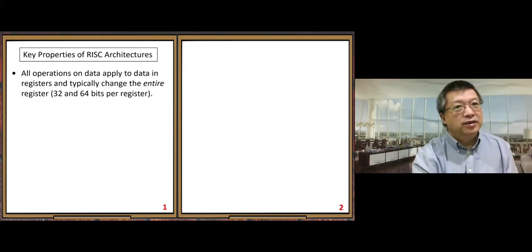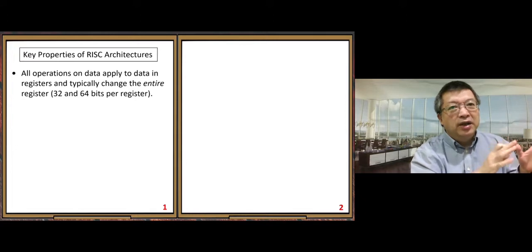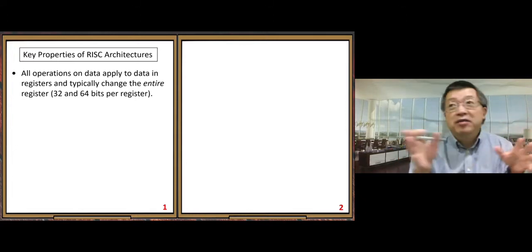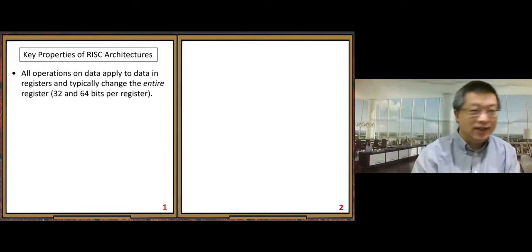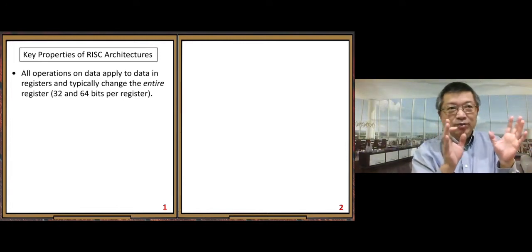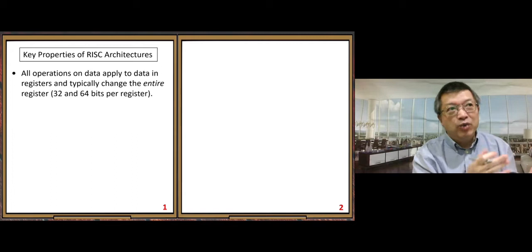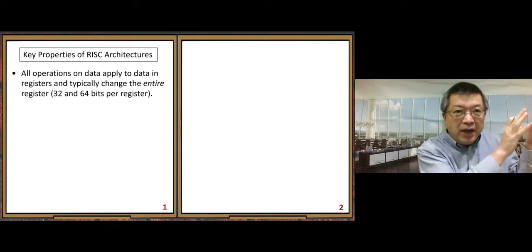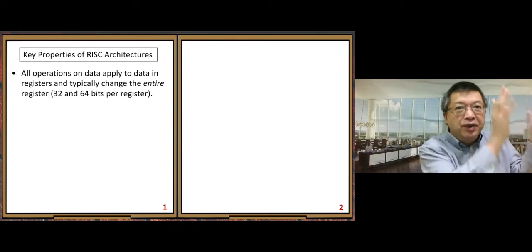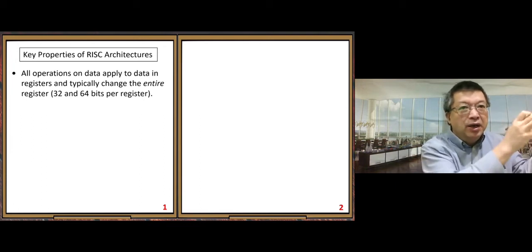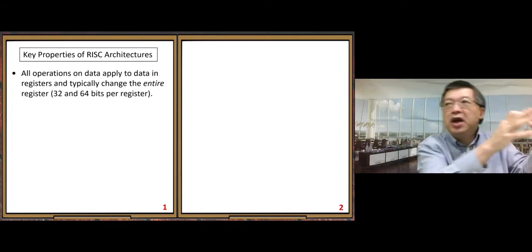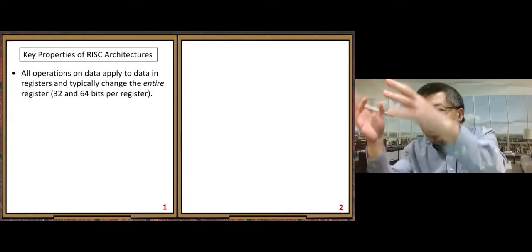So apply to data in registers, not data in memories, right? That's the one. Hope you know, because we saw several before. All operations on data apply to data in registers, not data in memory directly.